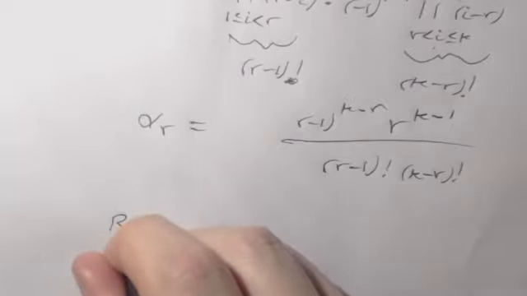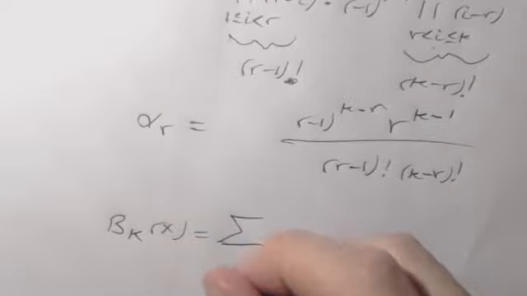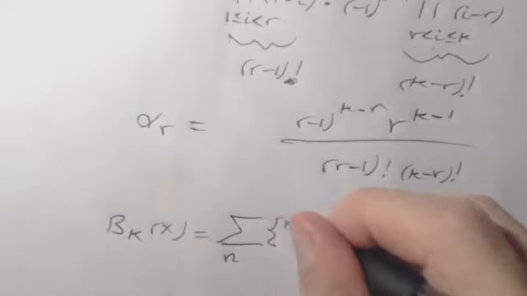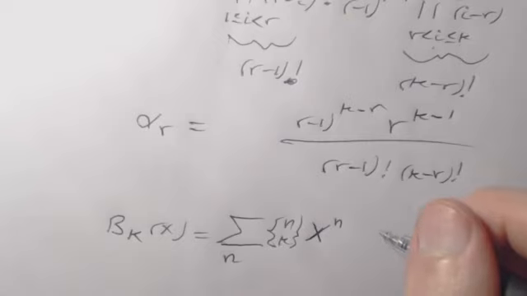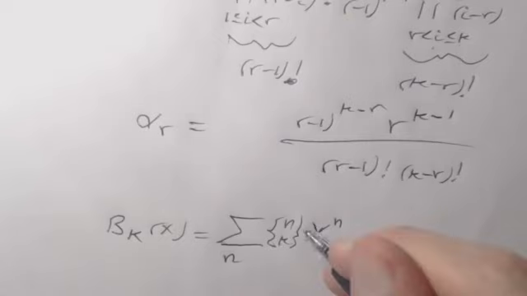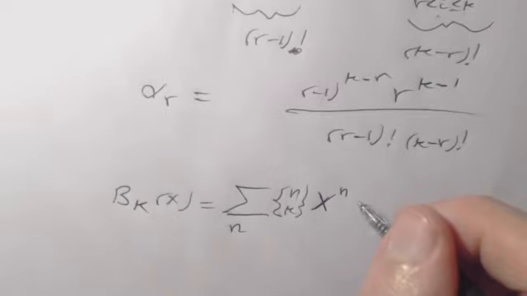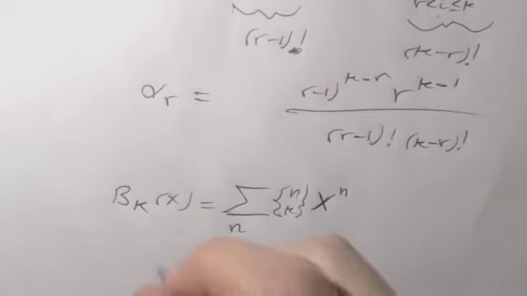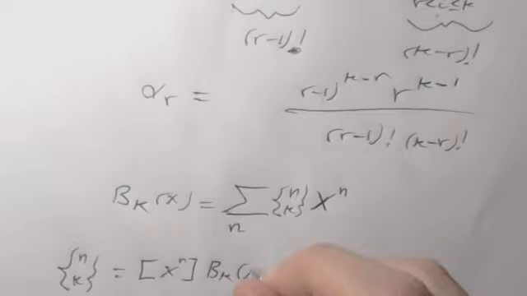So we had b k of x was equal to the sum over n of n k in curly brackets times x to the n. So if we want to know n k, what we need is the x to the nth coefficient. So n k is equal to the x to the nth coefficient of b k of x.